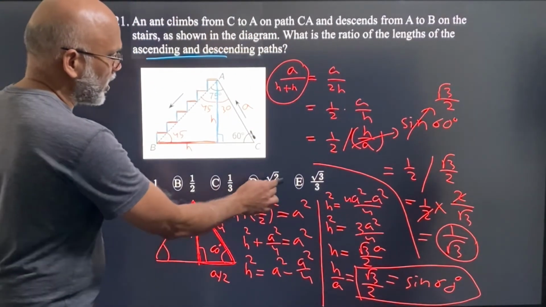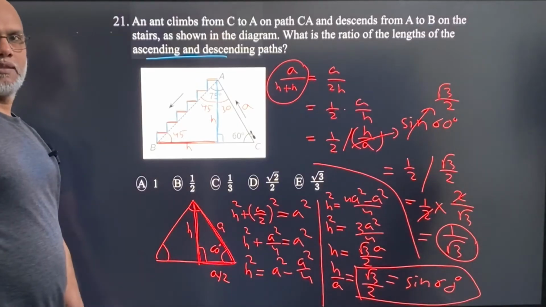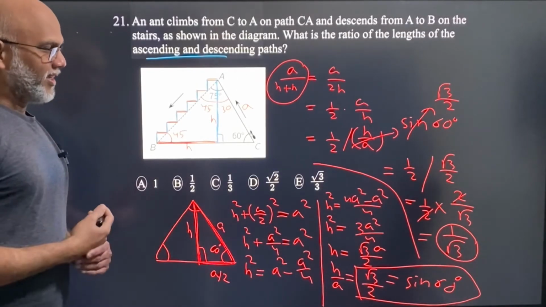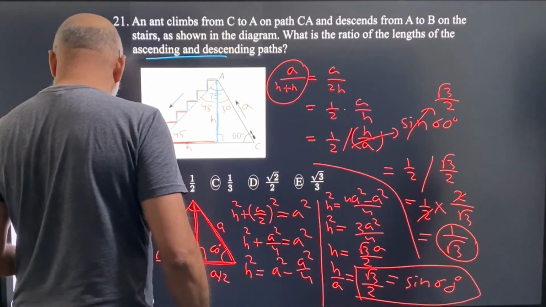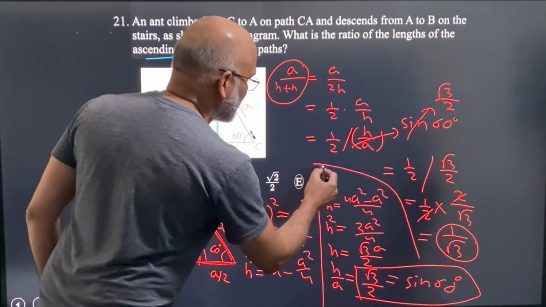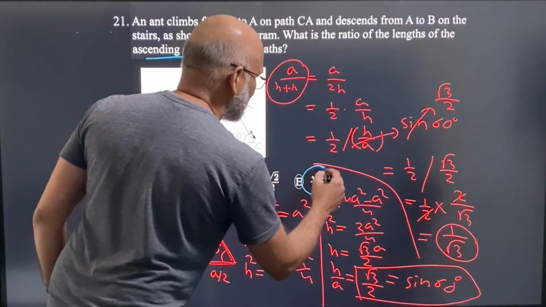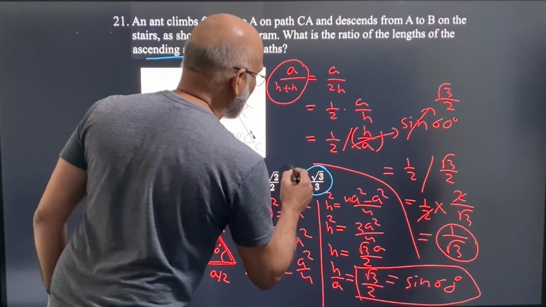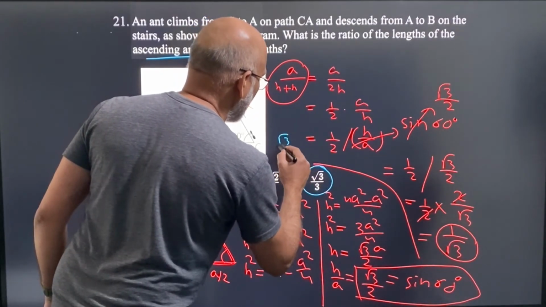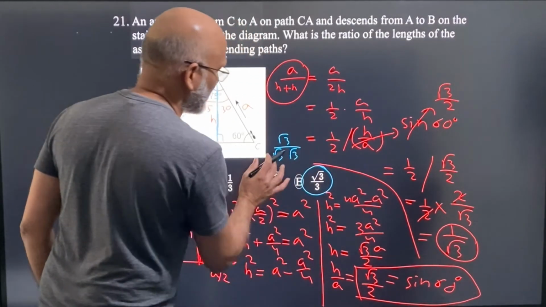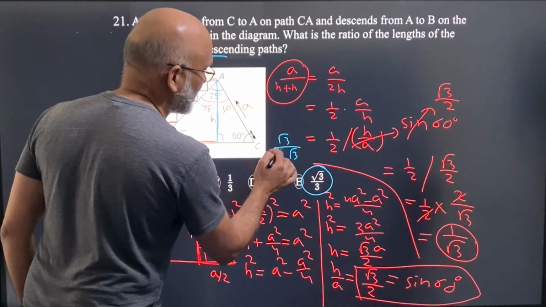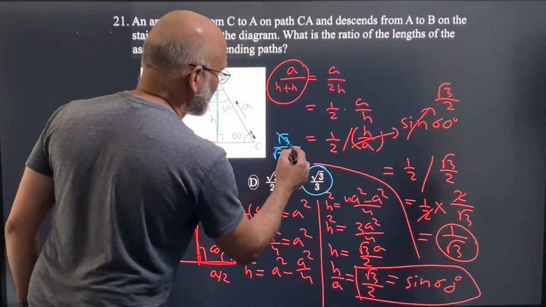And if you look, nothing matches, or so I thought. But if you look very carefully, what is this value? Square root of 3 by 3 is square root of 3. I can write 3 as square root of 3 times square root of 3, and this cancels out.